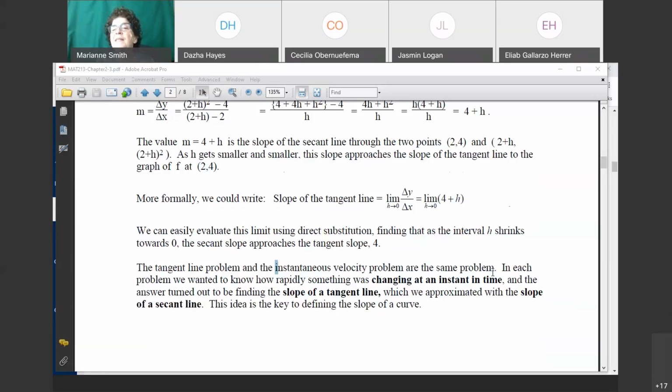They all mean the same thing. So maybe if you are taking notes, you kind of want to write that down somewhere. They all mean the same thing.